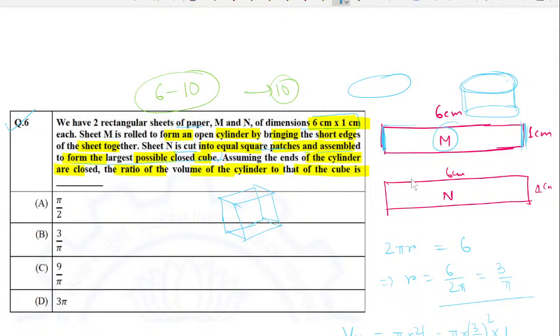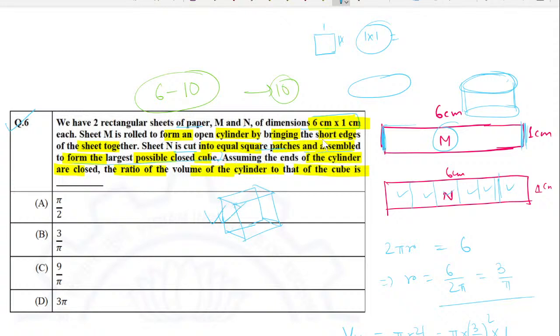So if we cut this 6 cm by 1 cm sheet into 6 pieces of 1 cm by 1 cm squares, 1, 2, 3, 4, 5 and 6, then we can make a cube from these 6 pieces by patching them together.